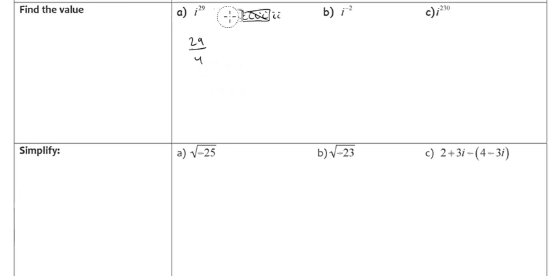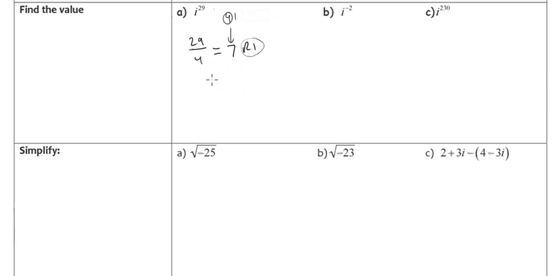And so here we go. We're going to have 29 divided by 4, and that gives us 7, and 7 times 4 is 28, so remainder 1. That remainder is what we're actually looking for, because if there's 7 groups of 4 i's being multiplied together, then every 4 of them is just 1, and 1 times 1 times 1, 7 times is still just 1.